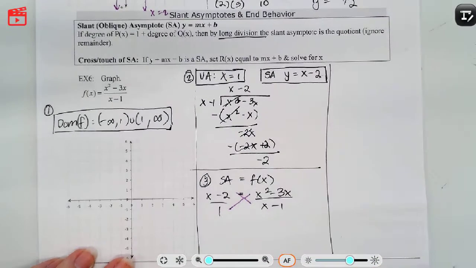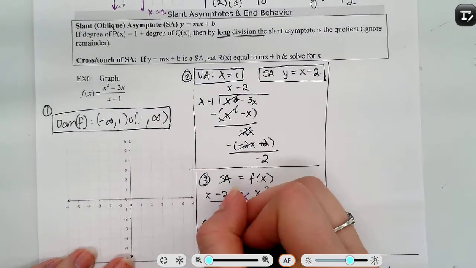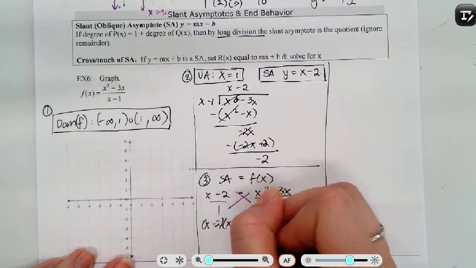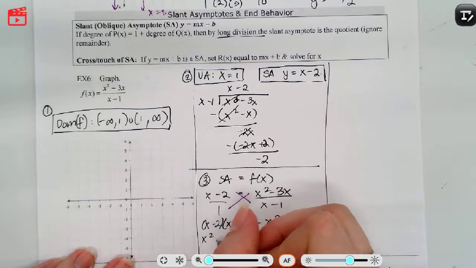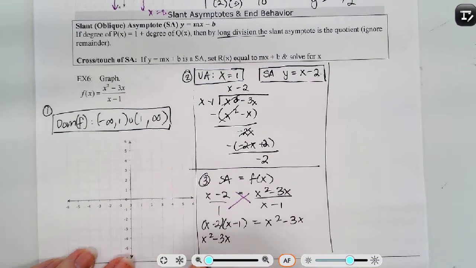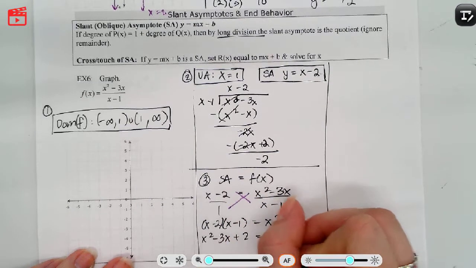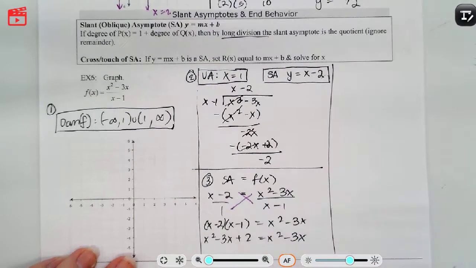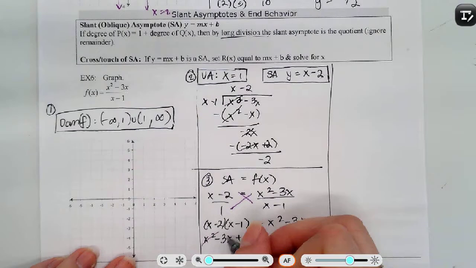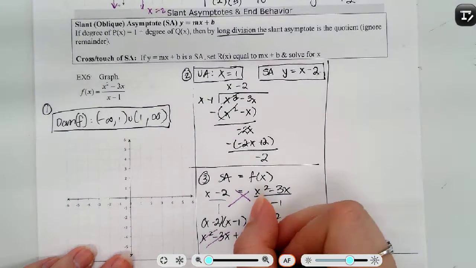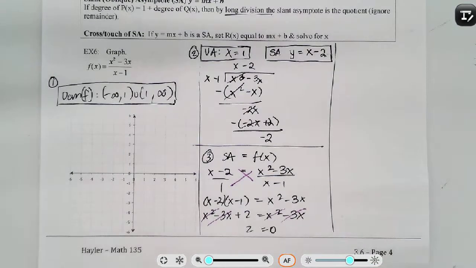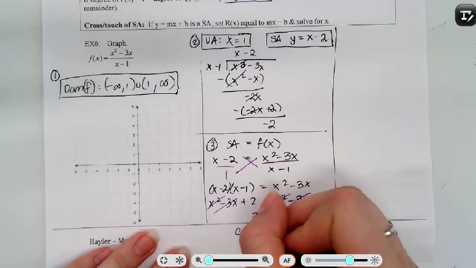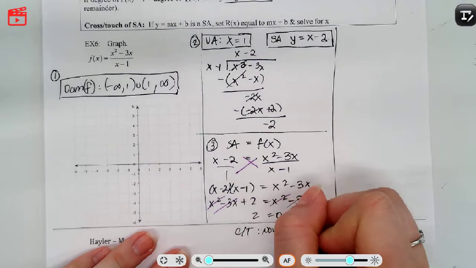So cross multiplying. Okay, these guys cancel. And we're left with 2 equals 0, which is not a true statement. Therefore, we don't have a cross touch point. So cross touch, none.